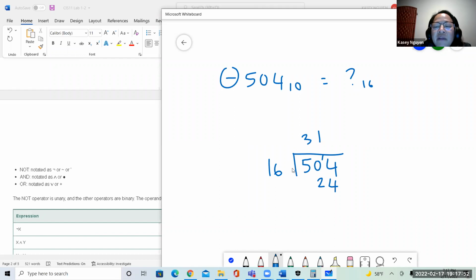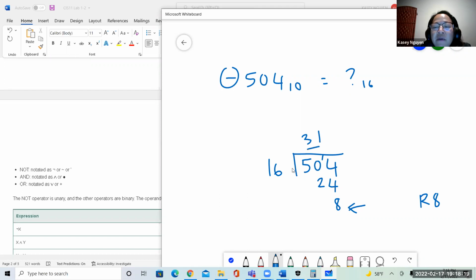So 24 divided by 16. And in this case, when we subtract 24 with 16, we should have 8 left, right? So the remainder here is important. So I would make a note of that.